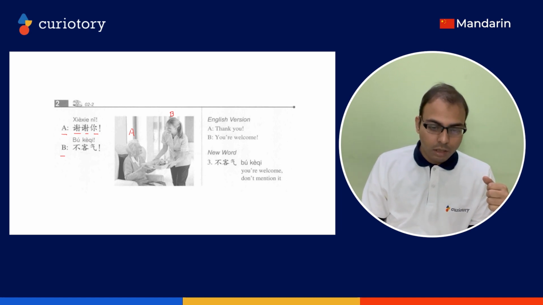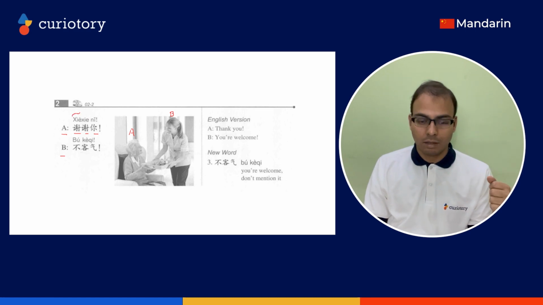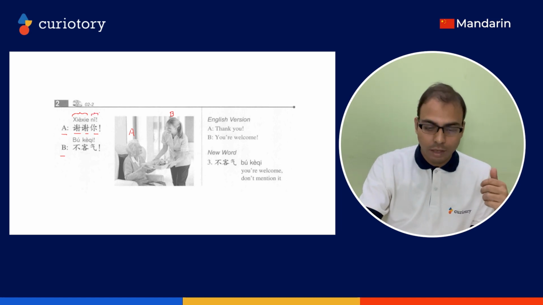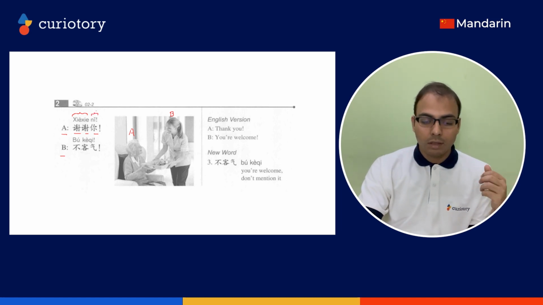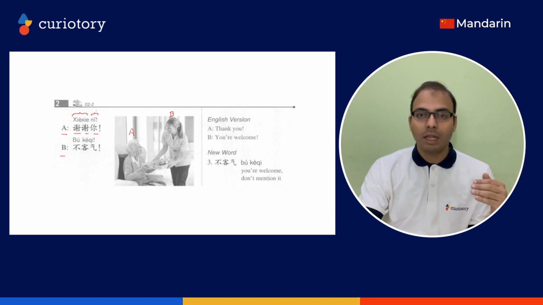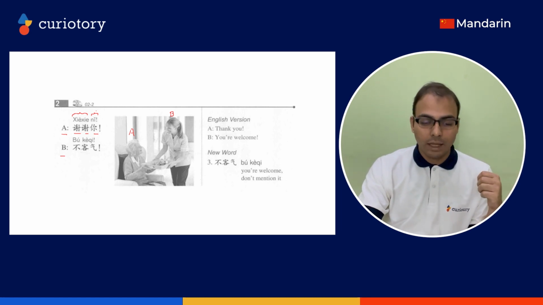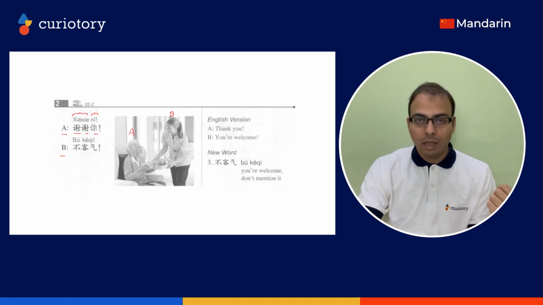Now xie, you know that it means thank. And in the previous sessions we have seen that ni means you. So you thanks you. So the meaning comes out to be thank you. Xie ni. The old lady is saying thank you.